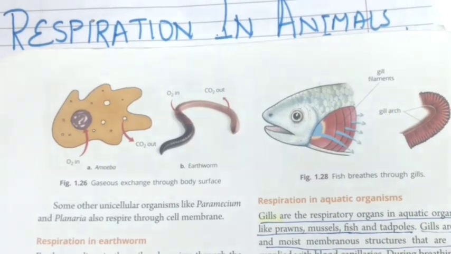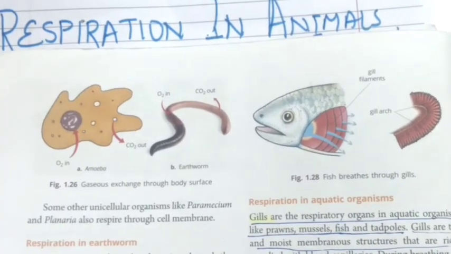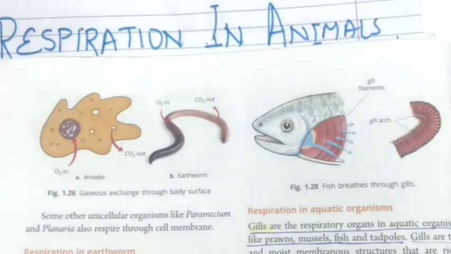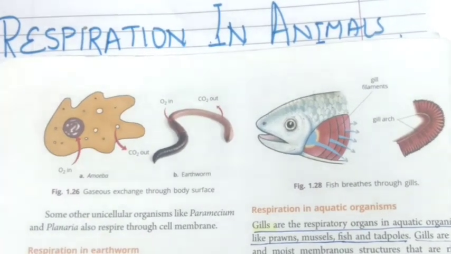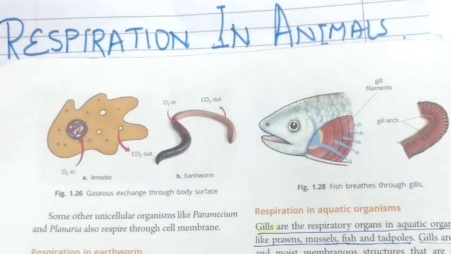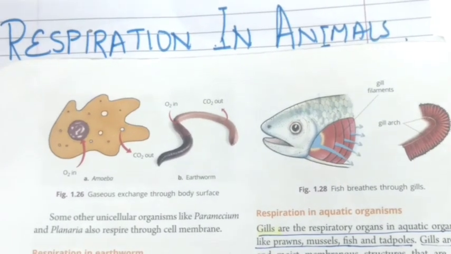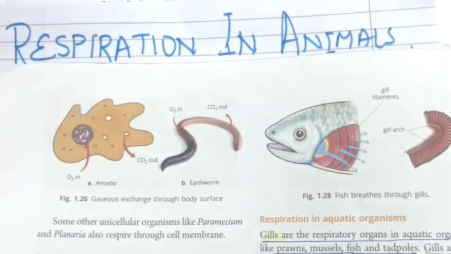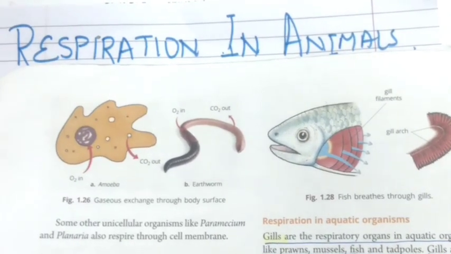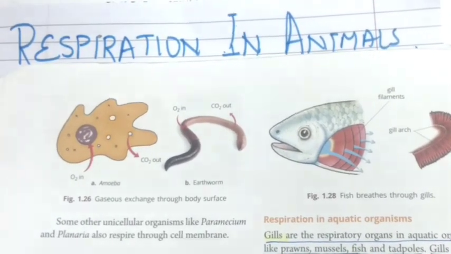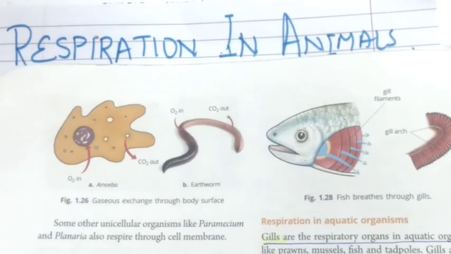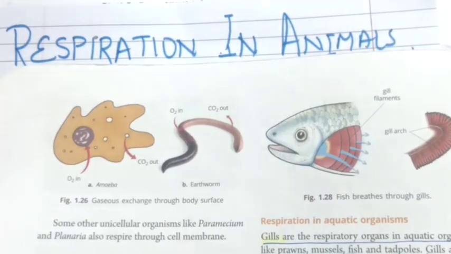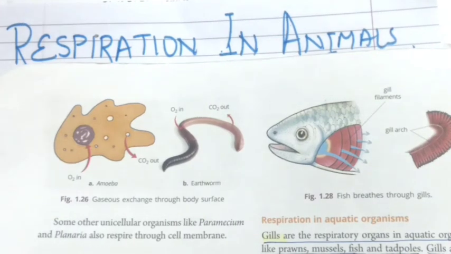In insects like grasshoppers, cockroaches, houseflies, they have tiny holes called spiracles on their body and air tubes called trachea. The respiratory organs of the land animals such as human beings, lizards, are the lungs. Now all these respiratory organs, that is the skin, gills, trachea and lungs, have some common features.